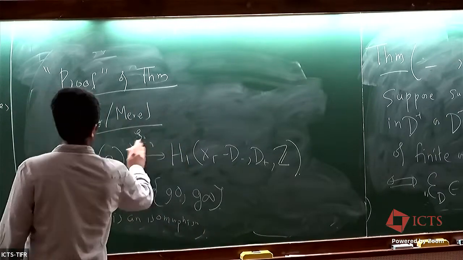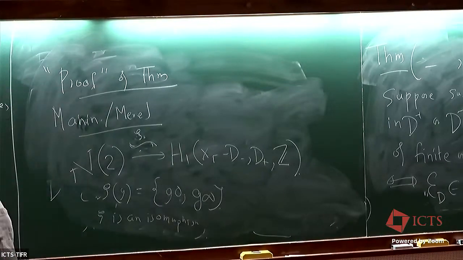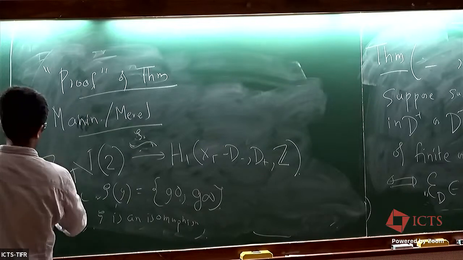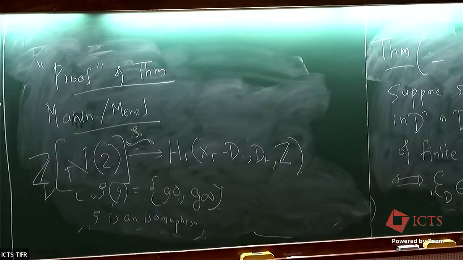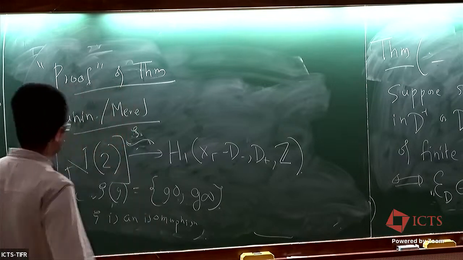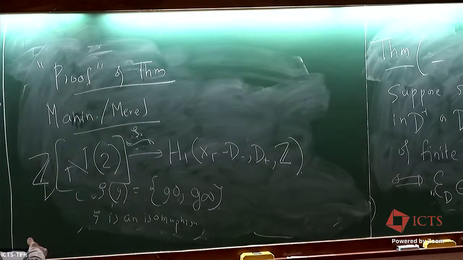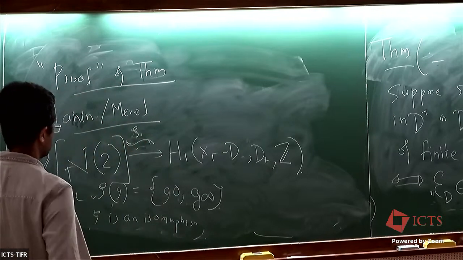Okay, so this map is an isomorphism. Manin did it for SL2Z, but there is a kernel. But if you are working with gamma 2, this map is without kernel; it is an isomorphism.